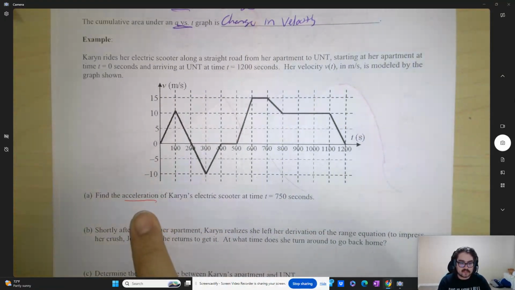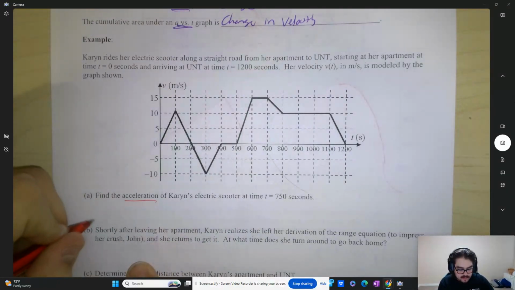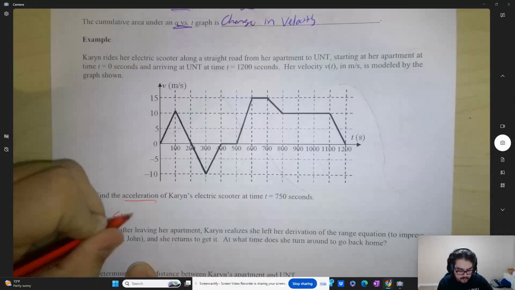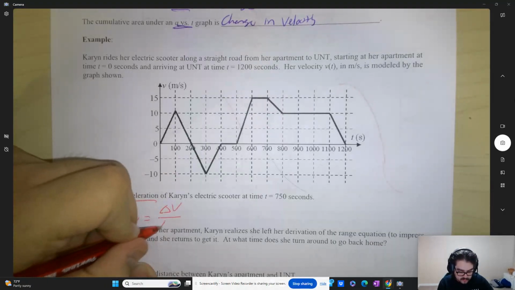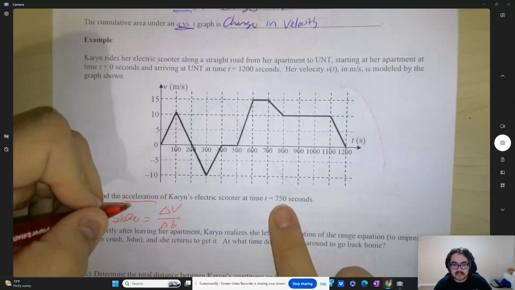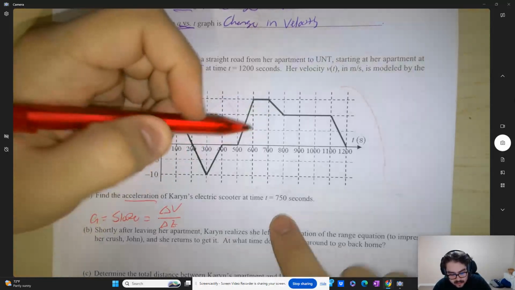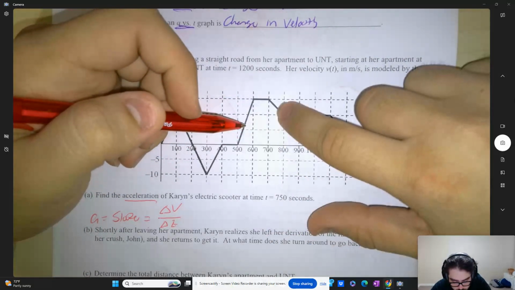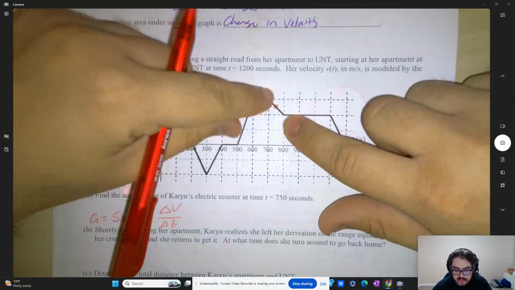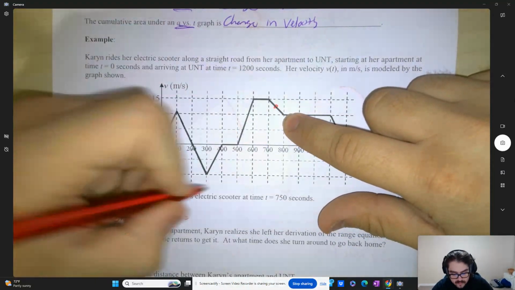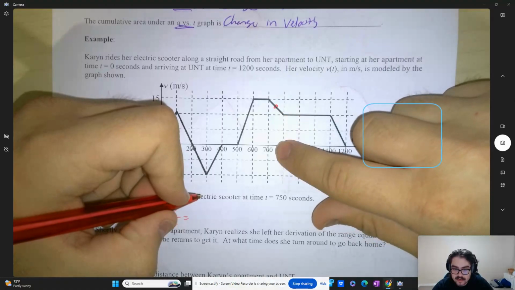Well, if we're asking for acceleration, we want the slope of a v versus t graph, right? So acceleration is equal to slope, which is delta v over delta t. Notice that at t equals 750 seconds, which is right about here, the slope is consistent. So we can just find the slope between 800 and 700.